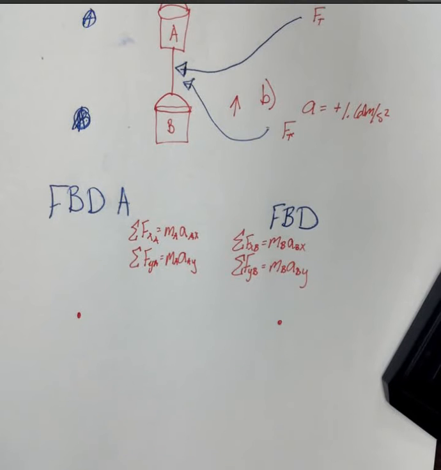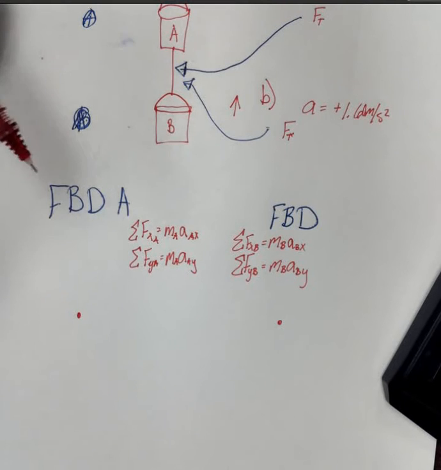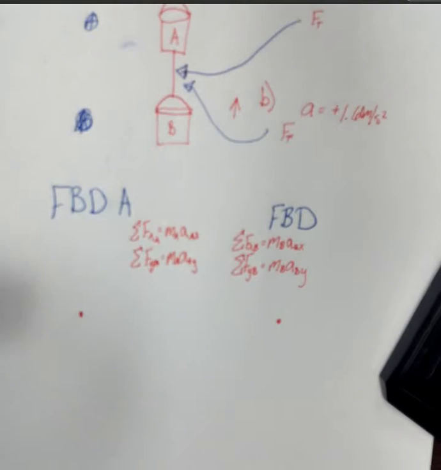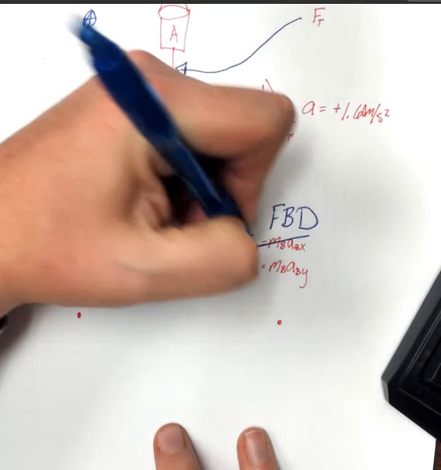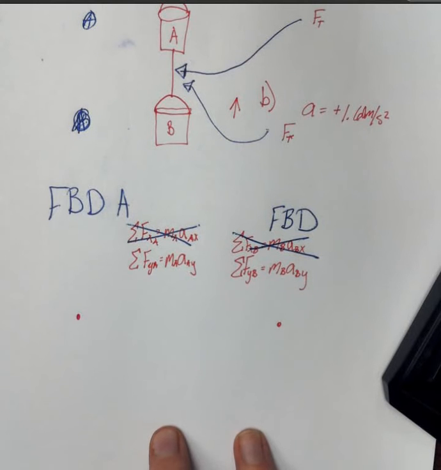The buckets are either going to be at rest or moving upward, and they're suspended in the air by two different strings. So the first thing I'm going to decide is that there is no horizontal motion for question A or question B, which means I am not going to have to resolve for the x direction. I'm only going to be interested in the vertical motion for bucket A and B.